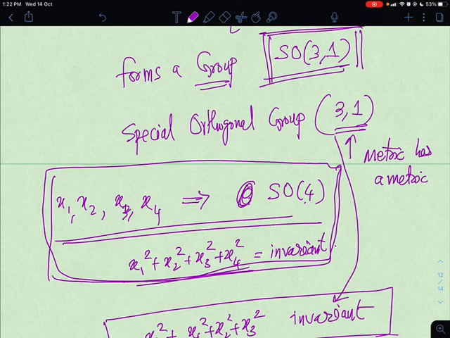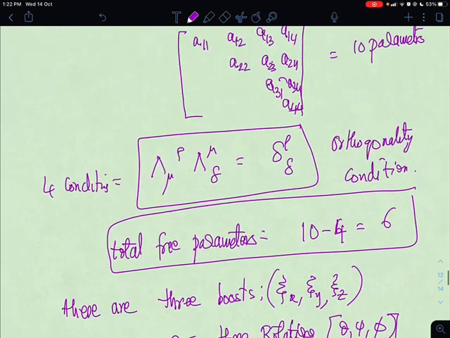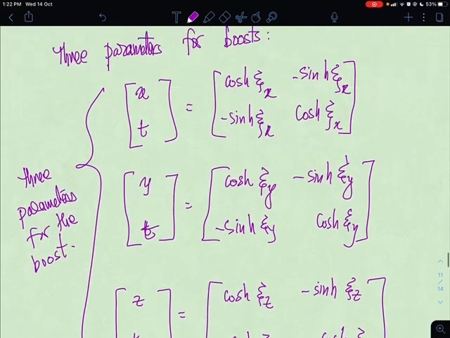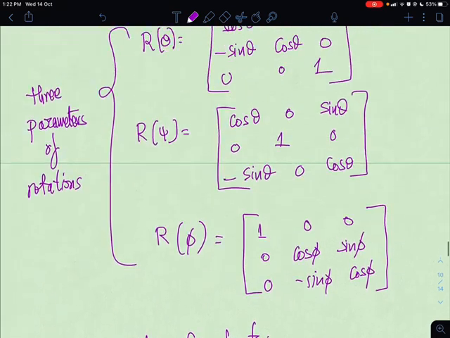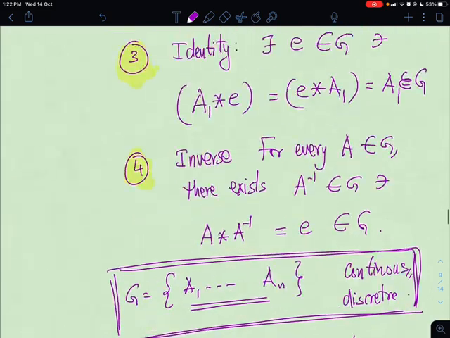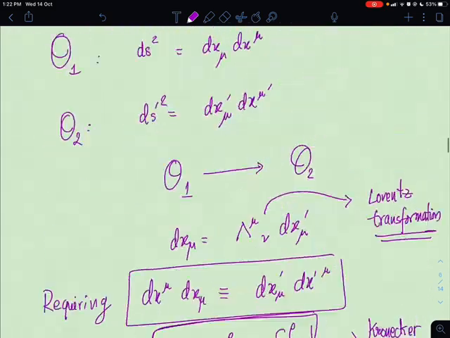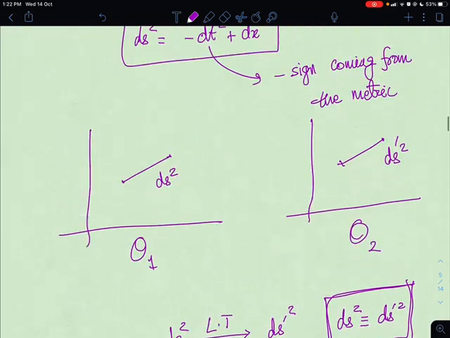So this is about Lorentz transformations. To summarize, the Lorentz transformations consist of 3 rotations and 3 boosts, and they leave the line element which we had introduced in part 1 invariant.